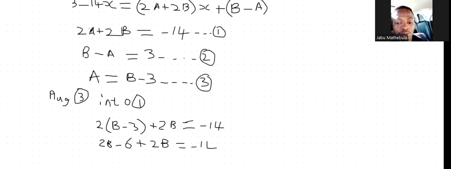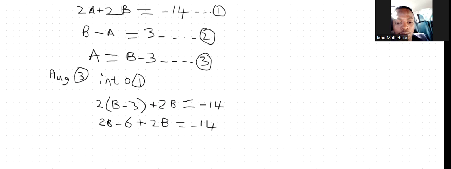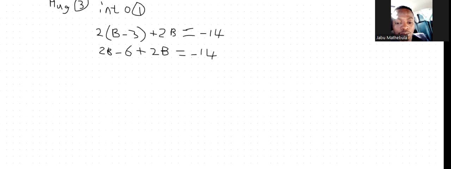All right. 2b plus 2b is 4b, right? Equal to, we have negative 14. If we take the negative 6 to the other side, it's gonna become positive 6.